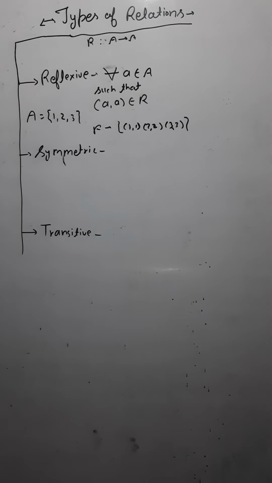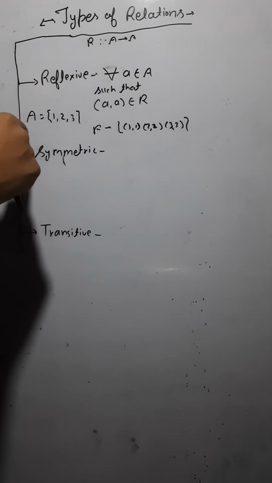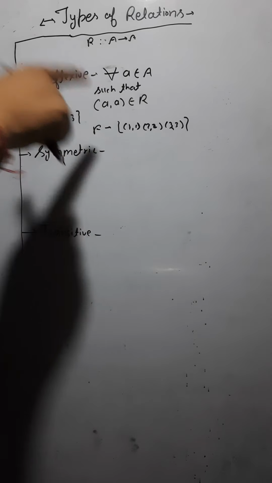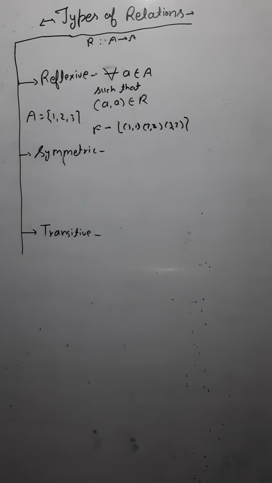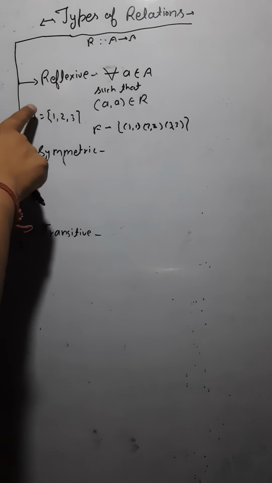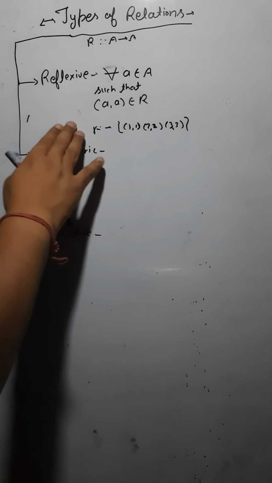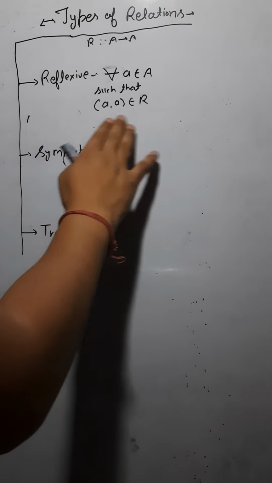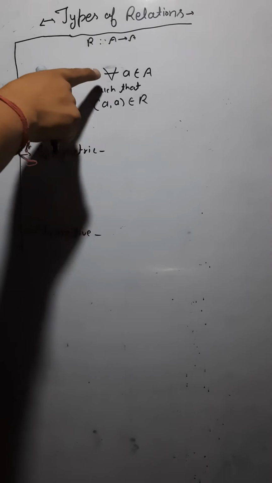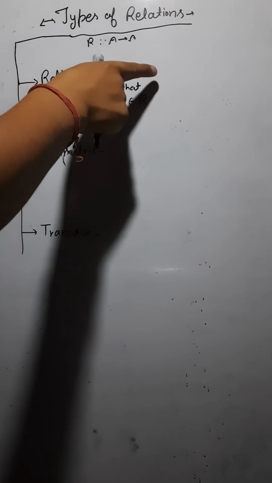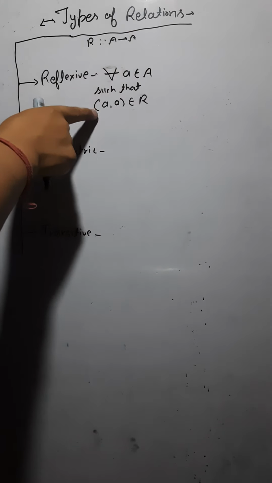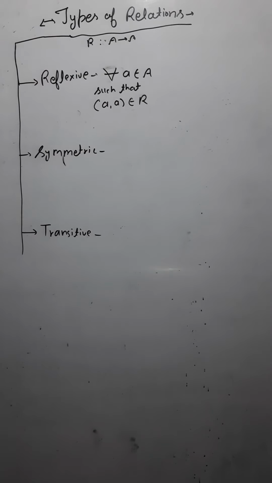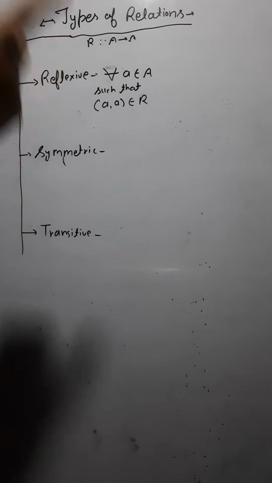Are you getting this? Such a relation you call a reflexive relation. Which relation is reflexive? For all a that belongs to A, all its doublets should be there in the relation. It is for all, remember this.